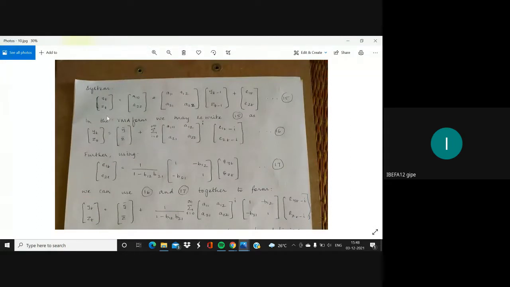Again, we are rewriting the VAR model in standard form. Instead of using those equations, we are using a matrix representation of the same VAR model. Now in the vector moving average form, we may rewrite equation 15 in this way.